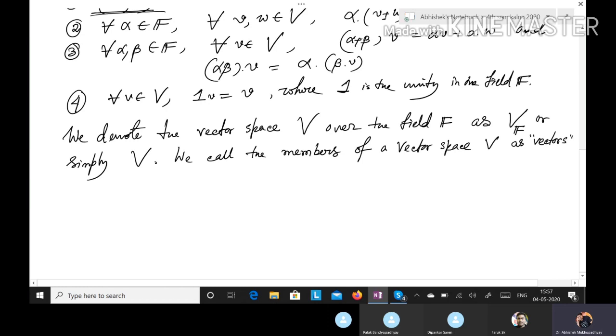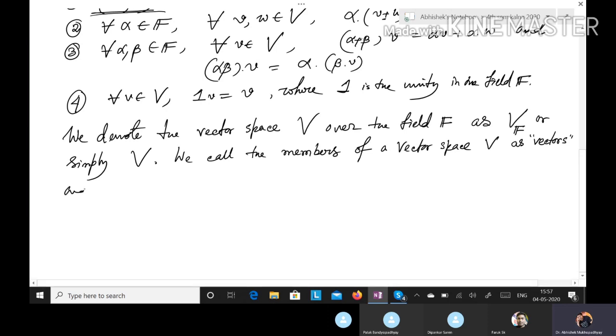So in this general setting, vectors are actually members of some vector space. If one asks what you mean by vectors, it must be in some vector space. So it is a member of a vector space. So this is vectors.